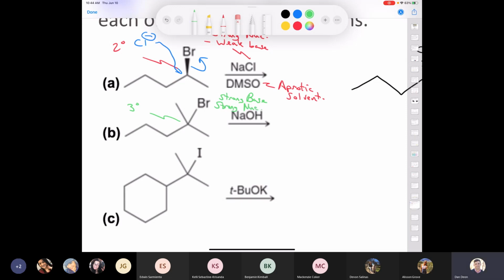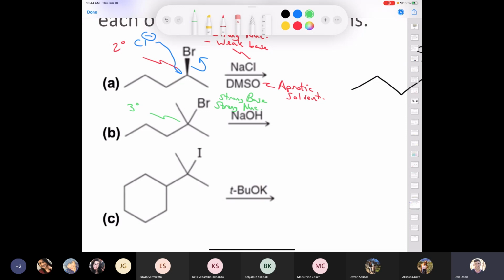But why would we get a nucleophilic attack on a tertiary alkyl halide? Sorry, I'm thinking of too many things at once here. So if I have a tertiary alkyl halide, strong base, strong nucleophile, I'm not going to get any nucleophilic attack.